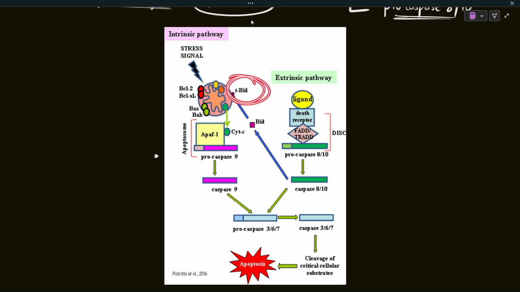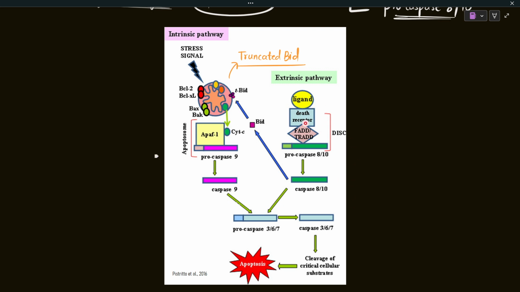This is truncated BID. So this tBID permeabilizes the mitochondria, and once it permeabilizes the mitochondria, the cytochrome C will be released and the intrinsic pathway will be followed.